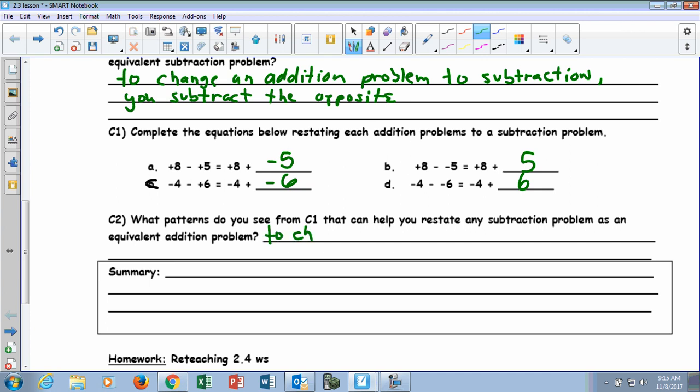So, to change a subtraction problem to addition, you add the opposite. See how that changes from up above, from what we wrote in B2? It just flip-flops, right? These two here are just opposites.